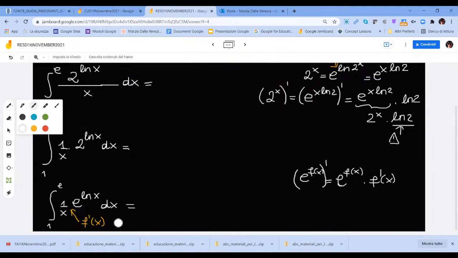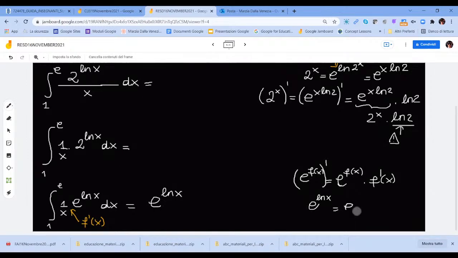Fine, because you have now to compute only the primitive function e to the logarithm of x, times 1 over x.